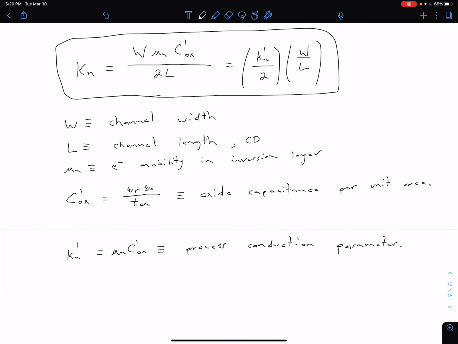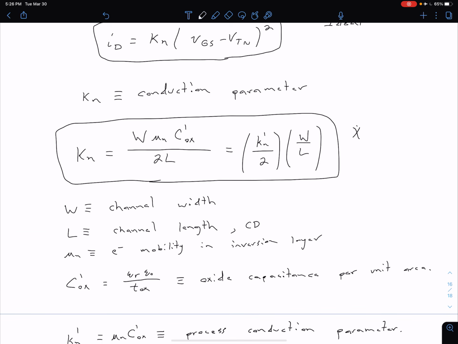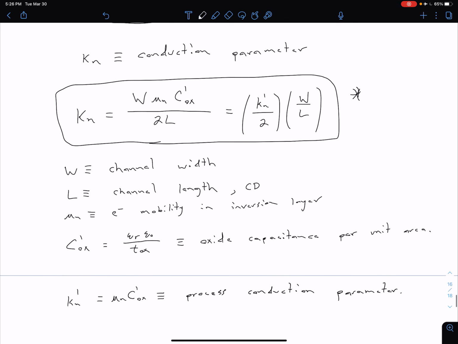The reason that I wrote this equation in a slightly different way is that we can see our process conduction parameter, our lowercase k sub n prime, which we've defined down here, is dependent on the electrical characteristics of the device. So our dielectric permittivity, for instance, the dielectric thickness, and our electron mobility in the inversion layer.